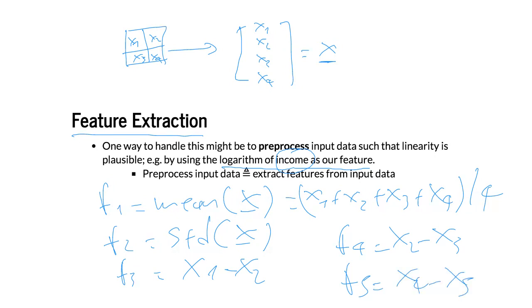Actually, you can have a very long number of features. So f1, f2, f5, and you can carry on calculating different types of features from the original pixel values. Okay, so you can have loads of these features.